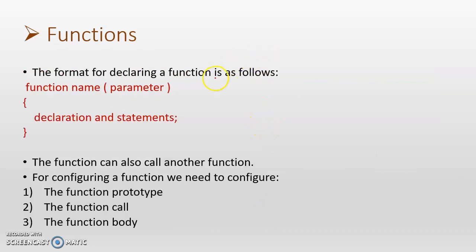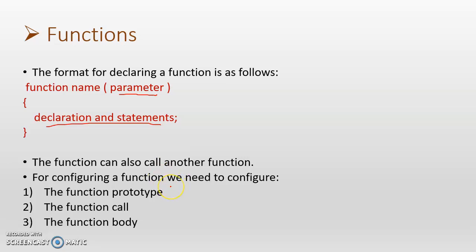The format for declaring a function is the function name, the parameters that we have to define along with the function name, and in the curly brackets we have to define the declarations and statements. So this will be the little program that we have to execute many times in the whole program. A function can also call another function.